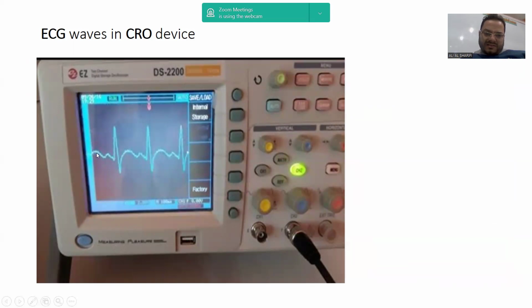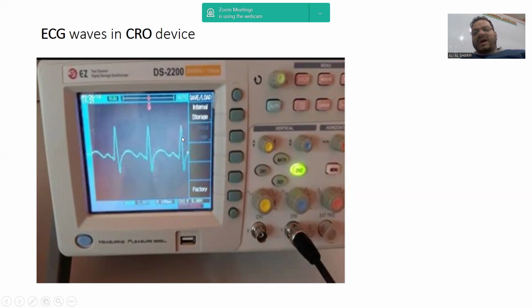Here it's clear: the P curve, QRS, and the last curve is T, and the QT interval on the other. From here to here, all of this up to T is done, it's finished. That's at less than 0.8 seconds. That means here your patient is normal.